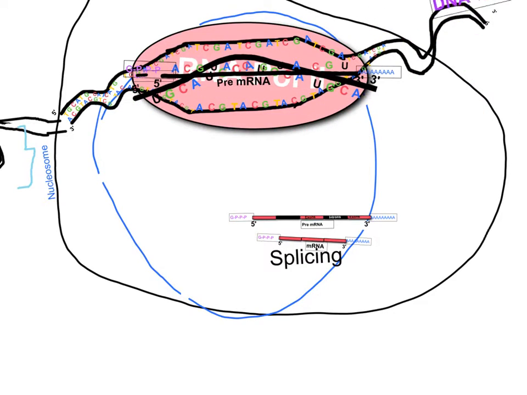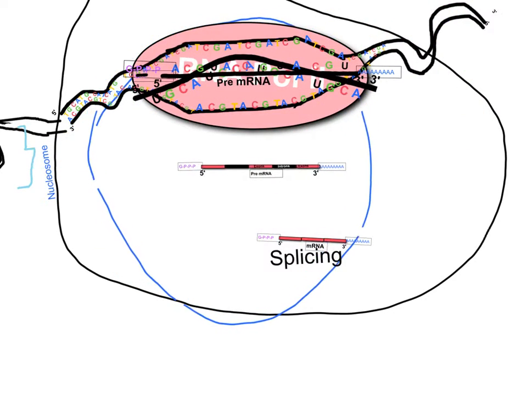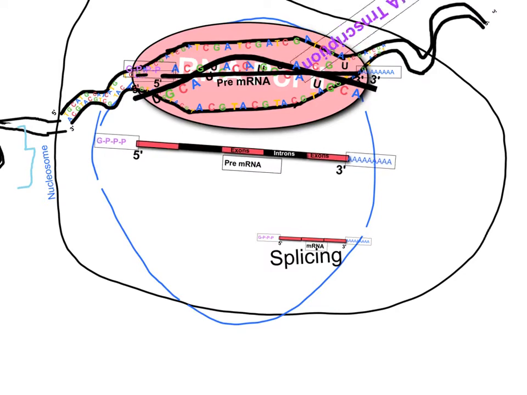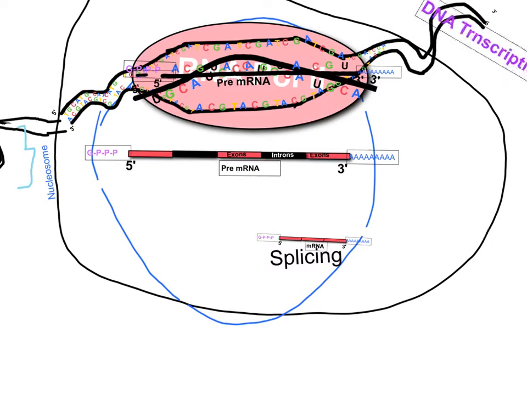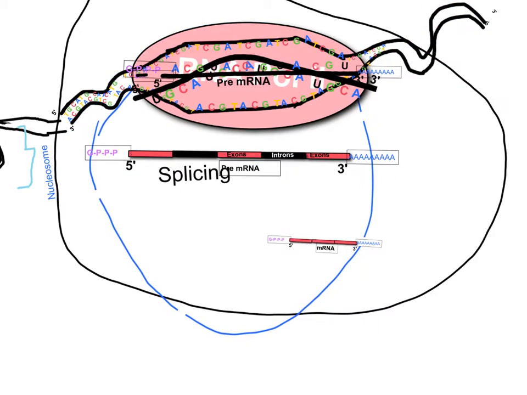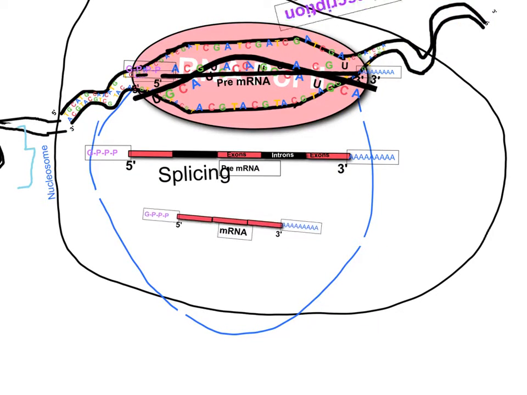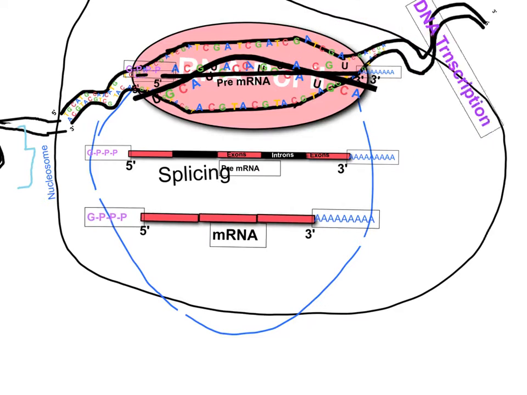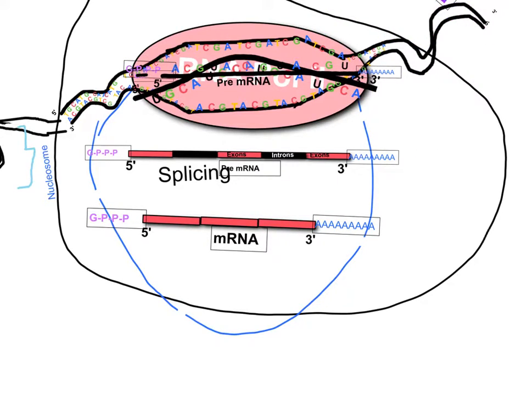And if we look deeper into the structure of this pre-messenger RNA, it consists of introns and exons. So in this case, a process called splicing will take place, and these introns will be removed and exons will stay together, and a mature messenger RNA will be formed.